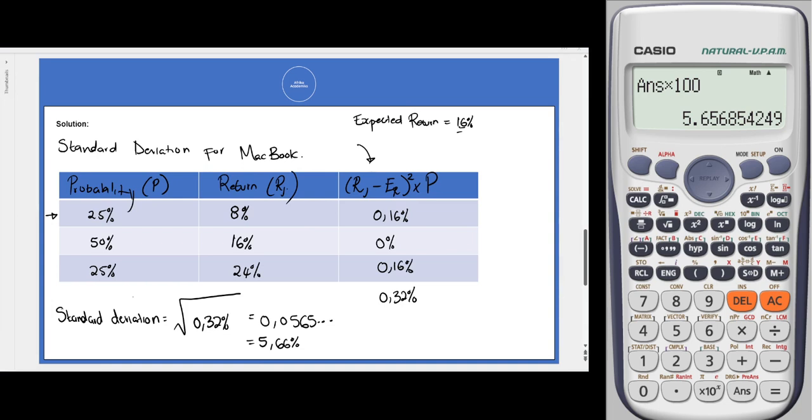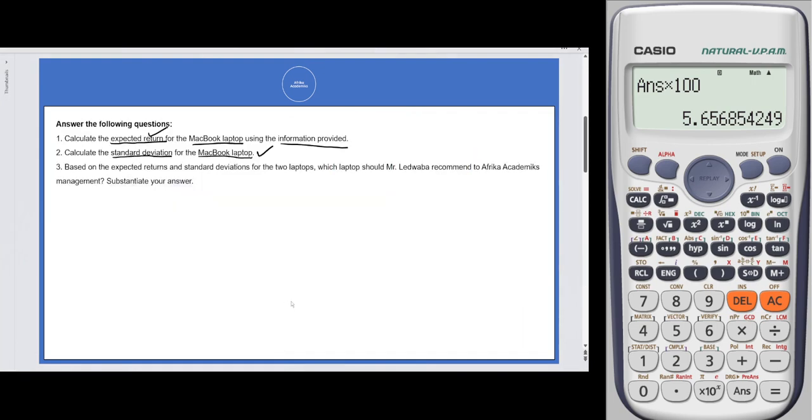All right, perfect. Now, as soon as you have these results, so far we have calculated the standard deviation. We've also calculated the expected return. We have done 1, 2, and then the last question, 3. Number 3 says, based on the expected return, what was our expected return? It was 16%.